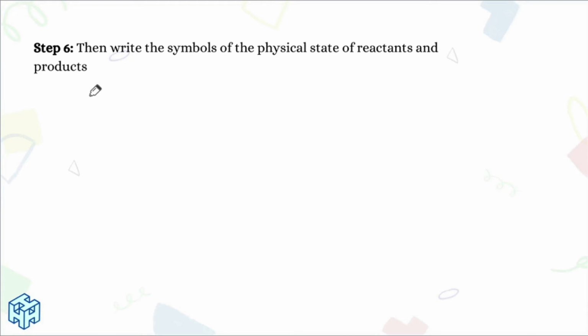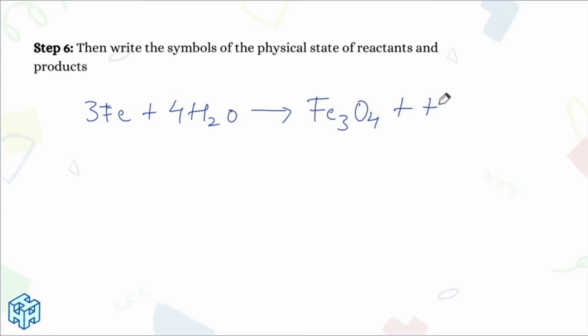So 3Fe plus 4H2O gives rise to Fe3O4 plus 4H2. Now Fe is iron, it's solid. S means solid. H2O, what is H2O?